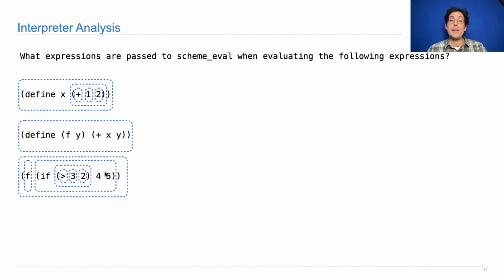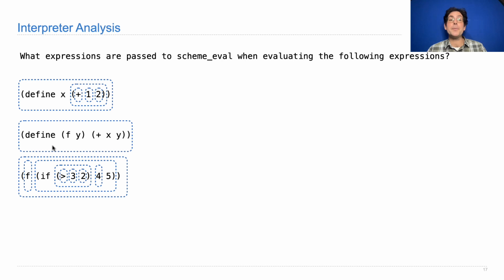If doesn't evaluate both the consequent and the alternative, it picks just one of them according to the value of this predicate, and so we evaluate 4, but not 5. And are we done? Well, no. We have to call F on the number 4. And how is scheme eval involved in calling a procedure?